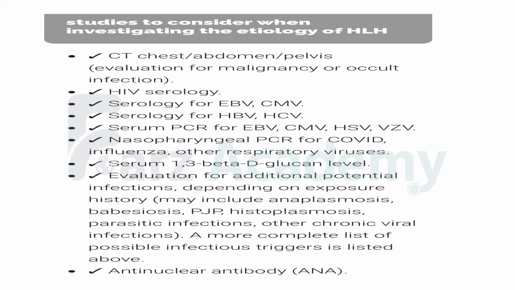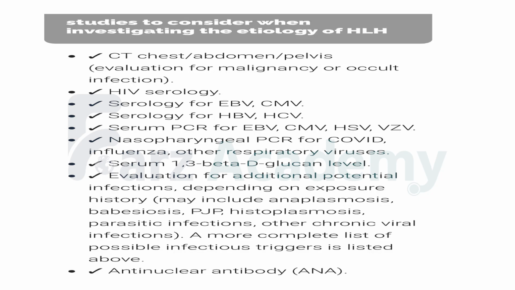At the same time, it helps you know about organomegaly or occult infection, as well as malignancy, if any. Then HIV serology, serology of EBV, CMV, viral etiology of HLH, HBV, HCV, PCR for EBV, CMV, HSV, VZV, nasopharyngeal PCR for COVID, influenza, if, like in our case, the patient presented with pneumonia-like symptoms.